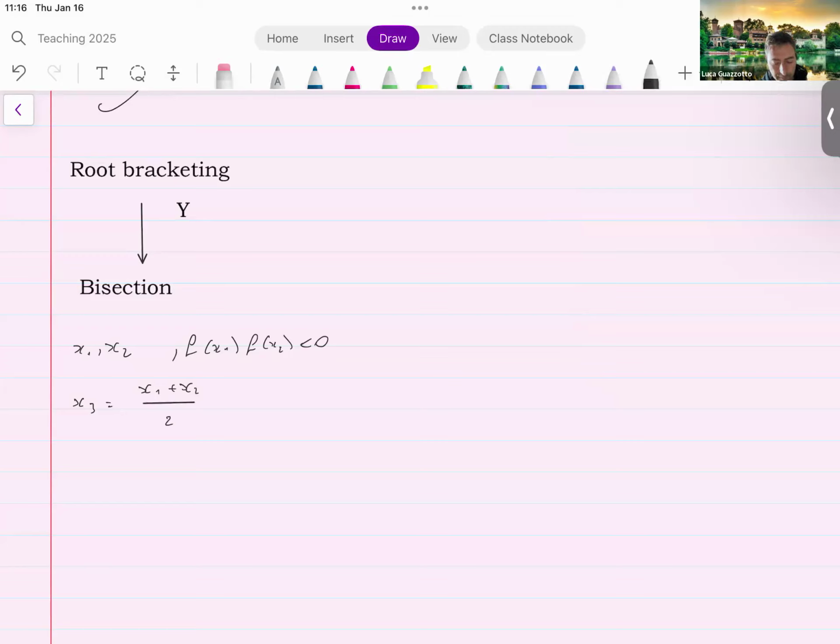Then I check f of x3, and you can probably see what happens.